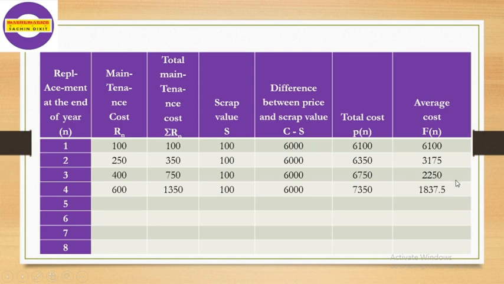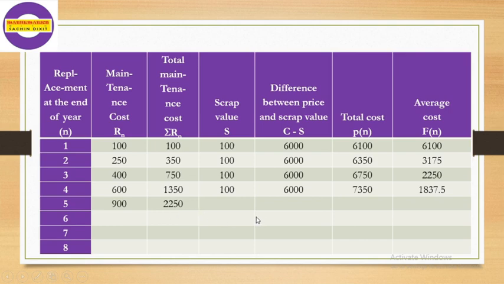from the previous one. Now we come to the next, that is the fifth year. In the fifth year maintenance cost is 900, and up to the fifth year we have to find the total maintenance cost. Up to the fourth year maintenance cost is 1350, and at the fifth year the maintenance cost is 900. So total maintenance cost up to the fifth year is 2250.